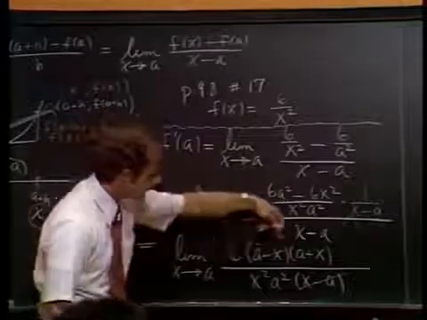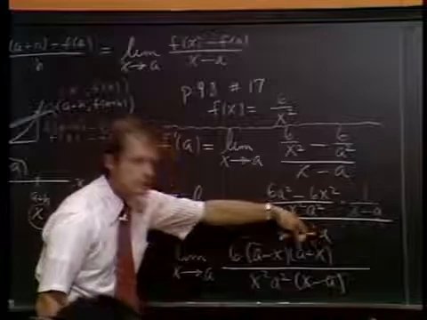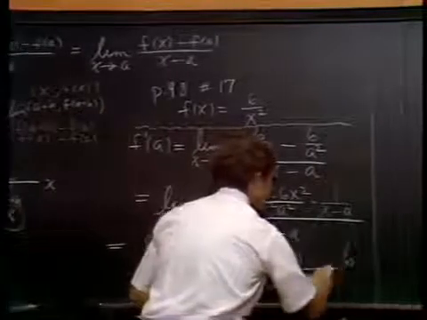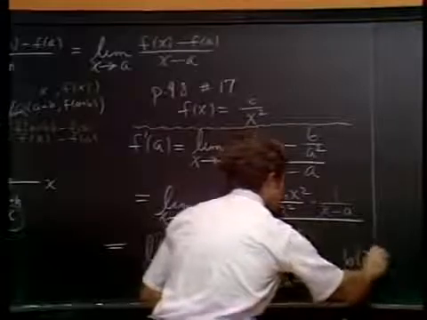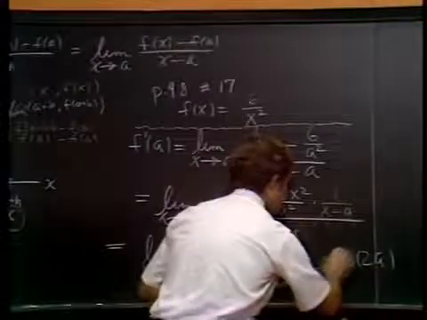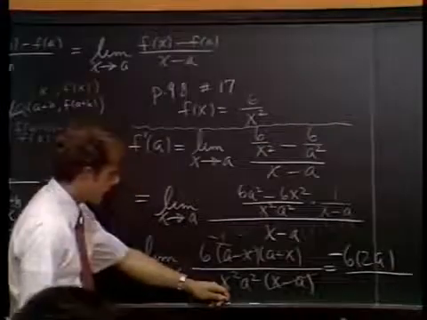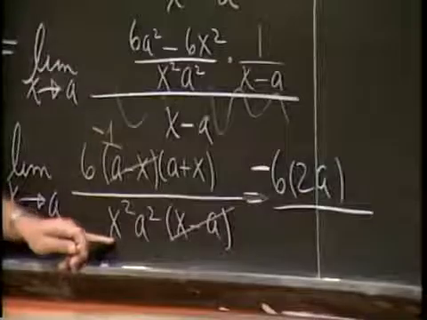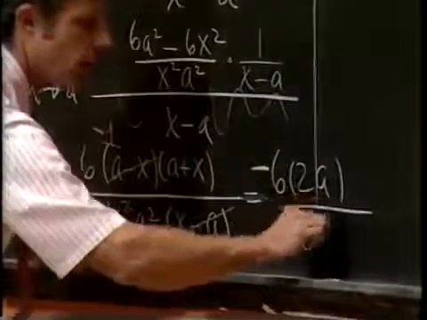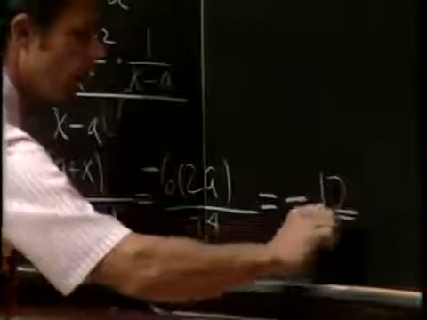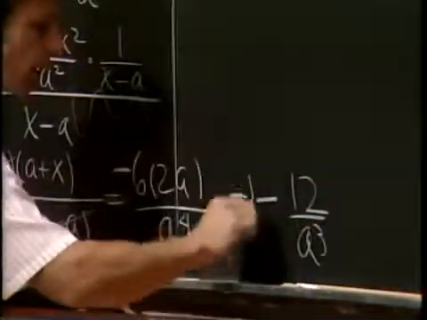So you'll get a 6 times 2a on top. Right, a negative. Thank you for reminding me. And on the bottom, when we plug in x for a, we get an a squared times a squared, or a to the 4th. So it looks like to me we get a minus 12 over a cubed as our answer.